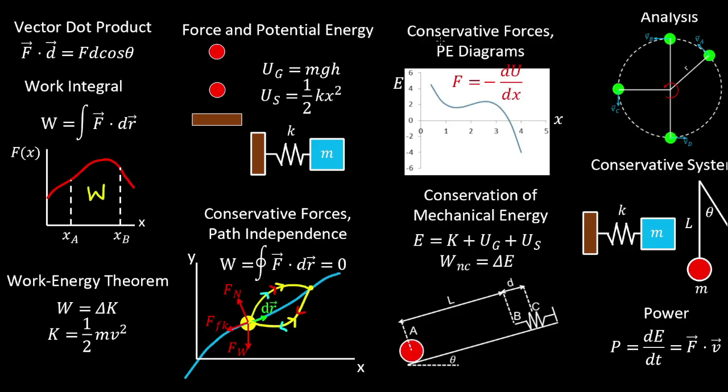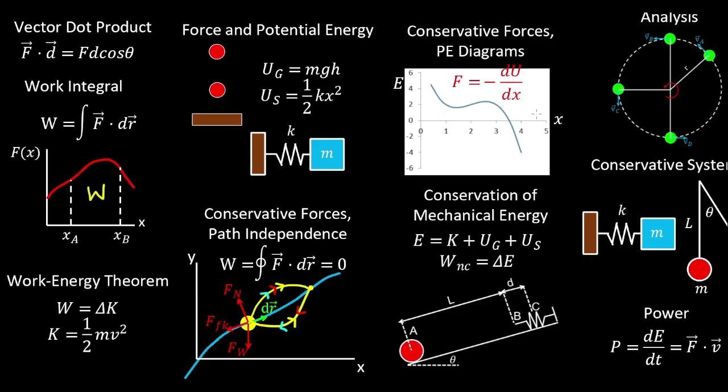And know how to interpret potential energy diagrams for conservative forces. So remember that a conservative force is the negative of the derivative of the potential energy function with respect to the position of the object that the force is acting on.